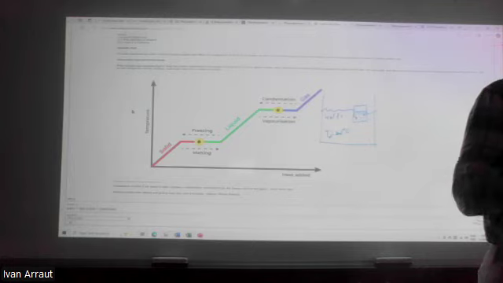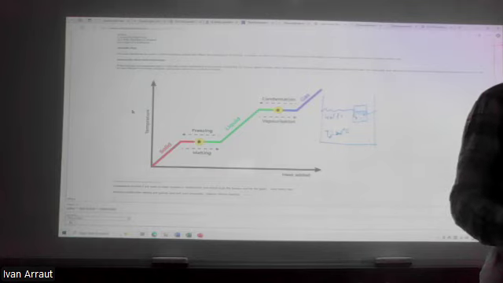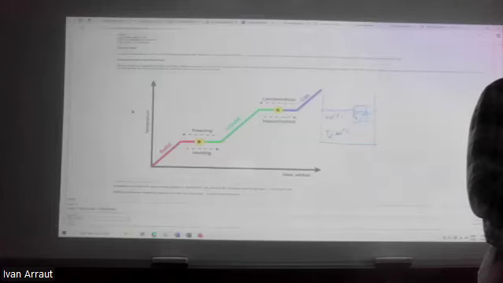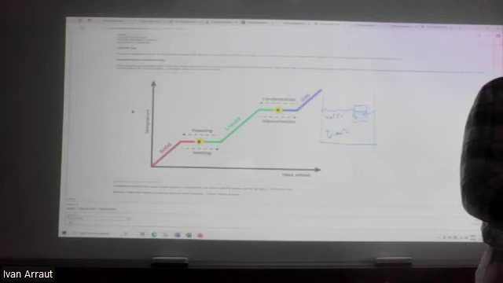And part of the reason is that at different temperatures, materials behave differently. A material which is very strong at ordinary temperature can become very fragile at certain temperatures. And that's important for the construction of planes, for example.